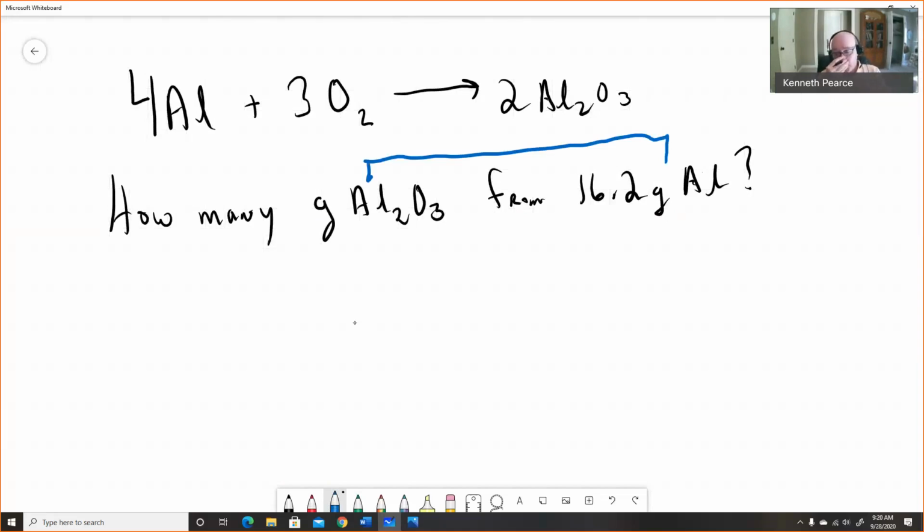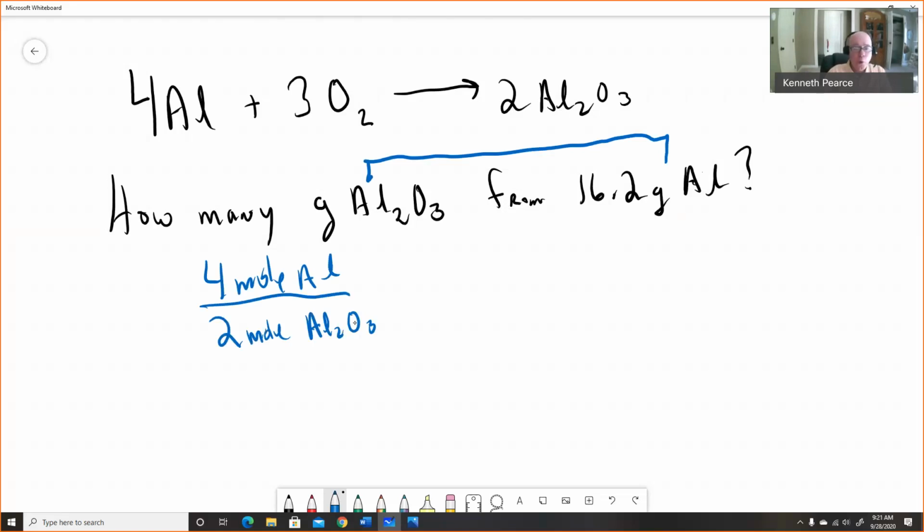And if we're going through two things, then that means we need what? We need the mole ratio, and that comes directly off the balanced equation. So we're going to say 4 mole aluminum for every 2 mole aluminum oxide. And by the way, these numbers here go nowhere else but into the mole ratio.